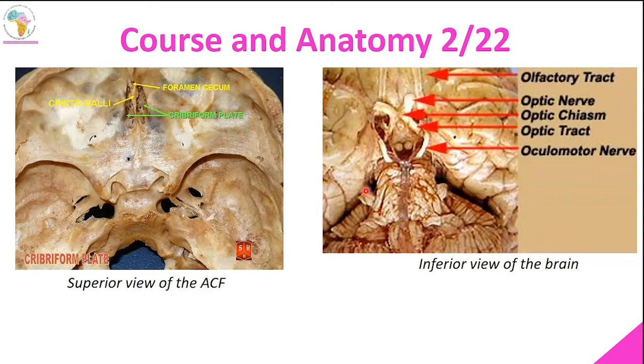This is just another view that shows the relationship of the olfactory tract, which is a component of the olfactory pathway, with other components of the central nervous system. What we are looking at here is the optic chiasm, which we'll look at as we progress with the presentation.